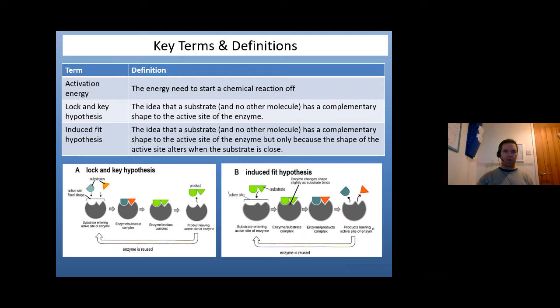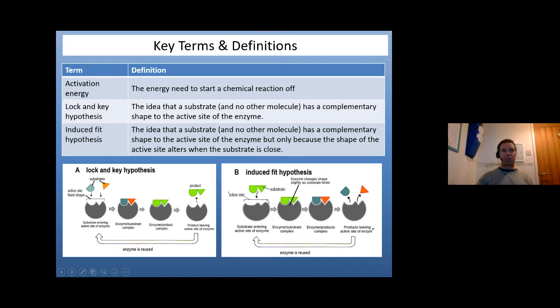And then once they bind, once the enzyme substrate complex is formed, it will look an awful lot like the lock and key hypothesis at that stage. But prior to that, when you look at the free enzyme, the shape of the active site looks similar to the substrate, but it doesn't look perfectly complementary.